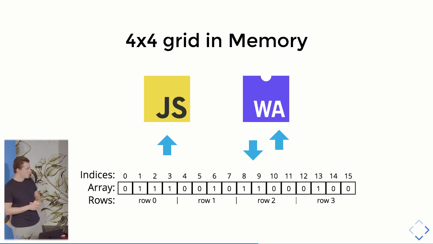And since we know the dimensions of the universe, this can be easily represented as a grid. And the responsibility of the JavaScript is only to render the visual representation of this array to the user. All actual logic is happening inside WebAssembly.